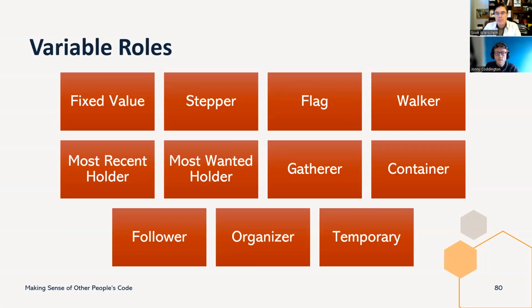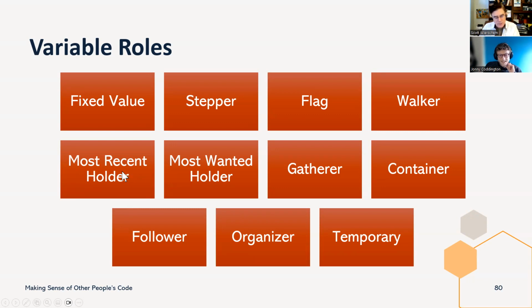A most recent holder holds the most recent value of something we're traversing: the last line that we've read, or the best value we've found so far, the minimum or the maximum. I'm sorry, I always get these two confused.